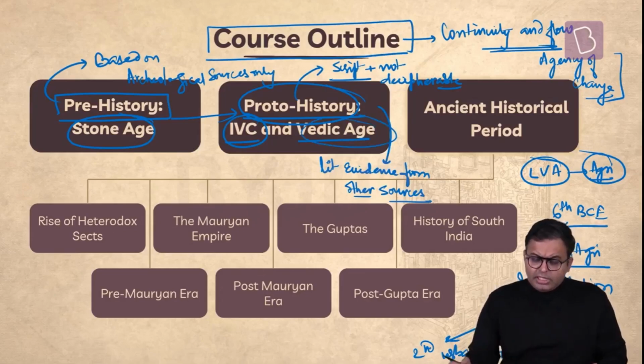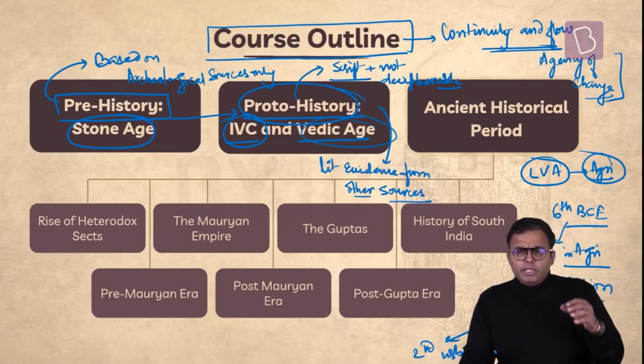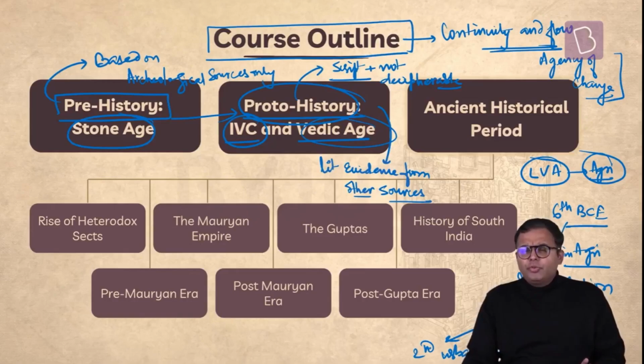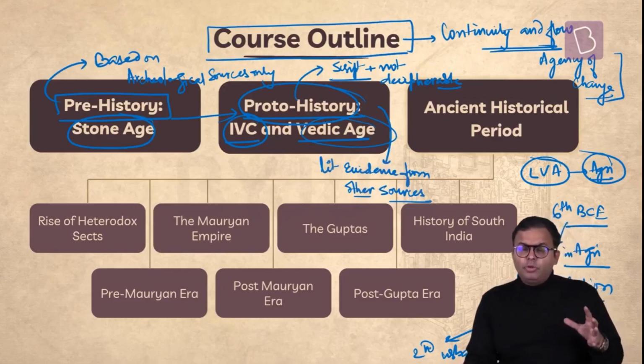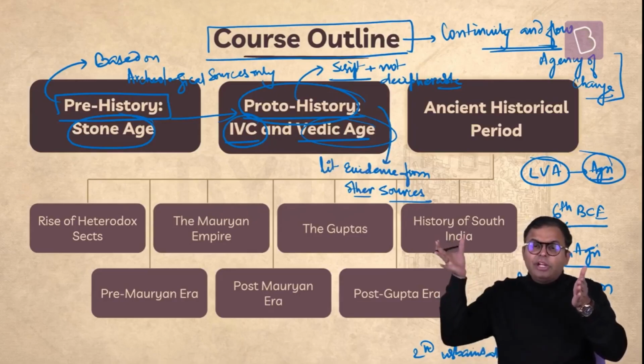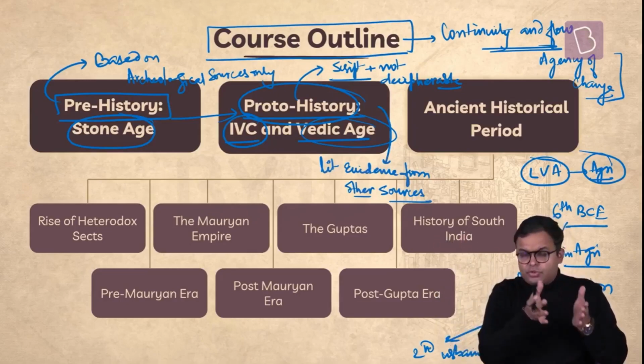Now, with respect to Vedic age, there is also a difference of opinion among the historians on whether Vedic age belongs to a proto-historic period or not. Proto-historic is where we have archaeological evidence and we have contemporary literary evidence from other sources.